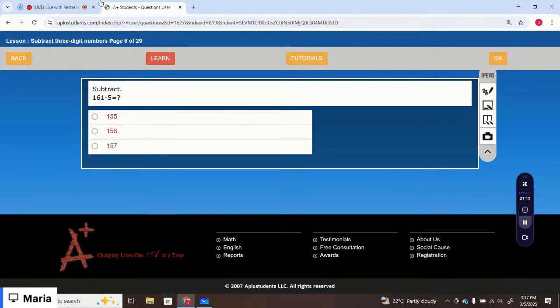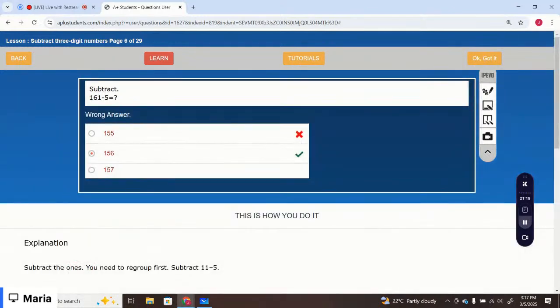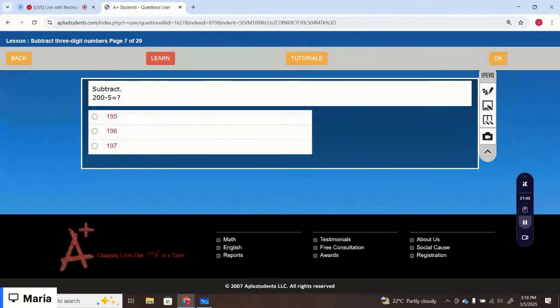That is 156. Option number 2 is the correct option. 200 take away 5, which is the correct option?